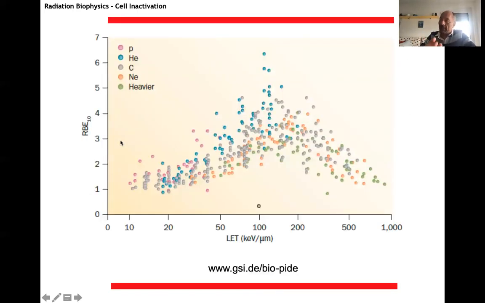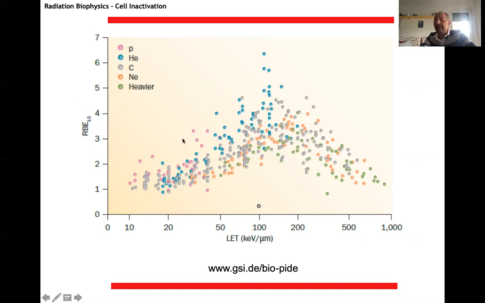This is now a collection. This is a real collection of all experimental data on all different cells with different ions. You see protons in pink, helium in blue, many on helium because of alpha particles, carbon in gray, also many because a lot of experiments were done for therapy, neon in orange, also used a lot for therapy, and heavier ions in green, as a function of the LET.